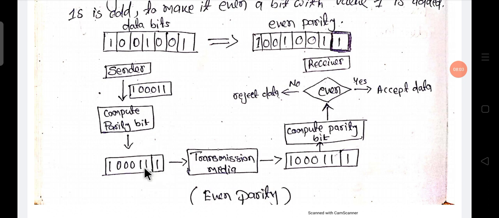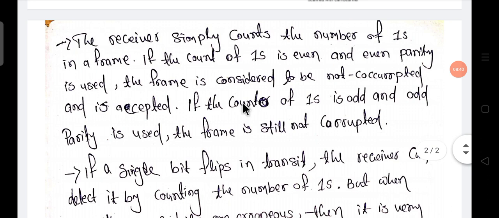Then the transmission media transmits it, and at the receiver end it is received and the 1s are counted again. If the number of 1s is even, then the data is accepted at the receiver end. If the number of 1s is not even, then the data is rejected. This is the process behind even parity.